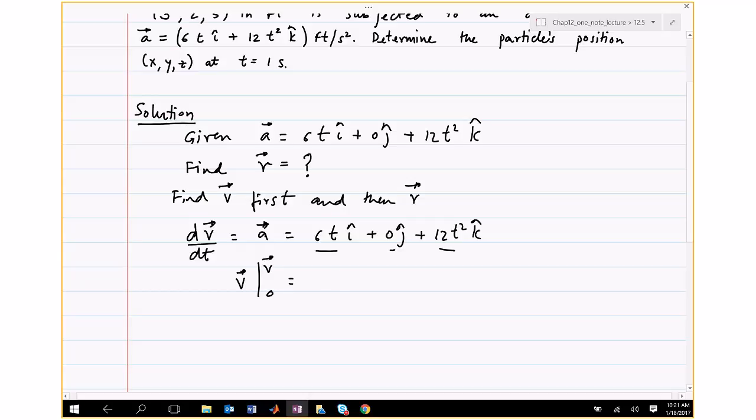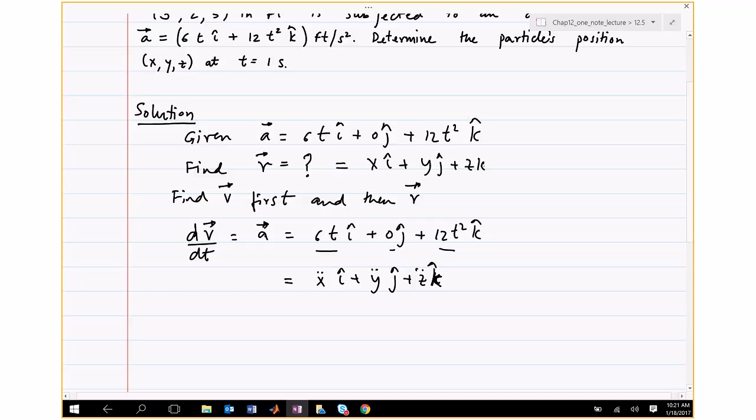Would this be confusing? Let me just do it the usual way. I think this might be confusing if I write it that way. So I'm going to write this as x double dot i plus y double dot j plus z double dot k, where I need to find what x, y, z is. When I say r is unknown, I need to find xi plus yj plus zk.